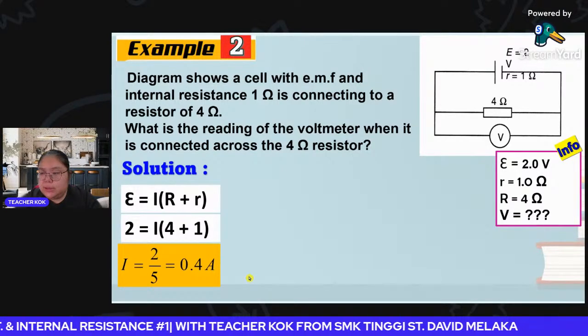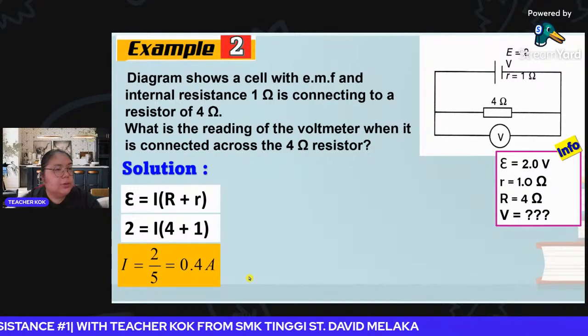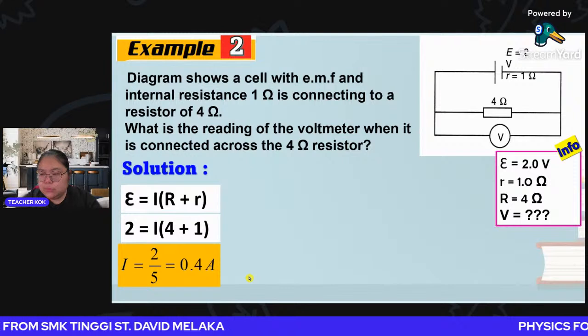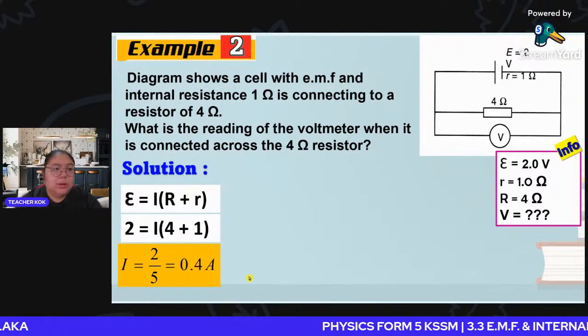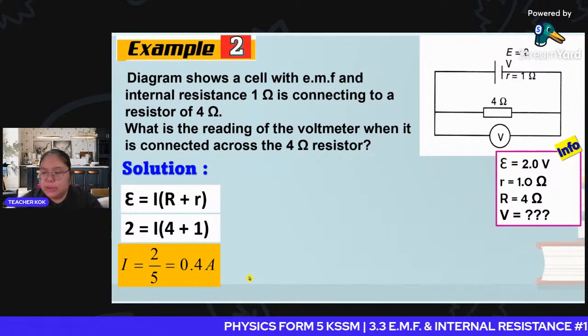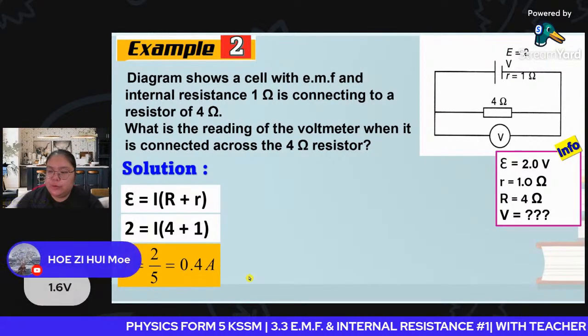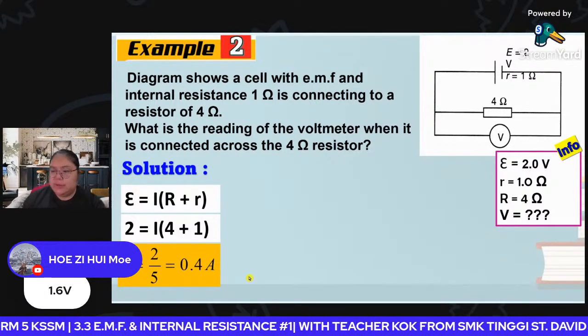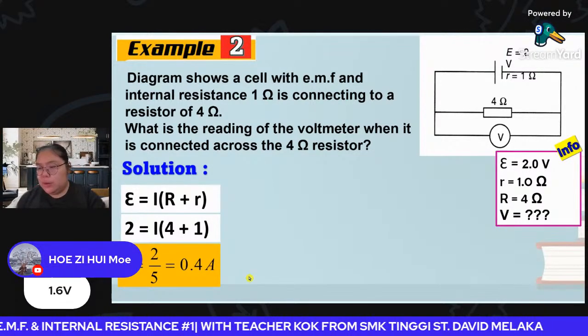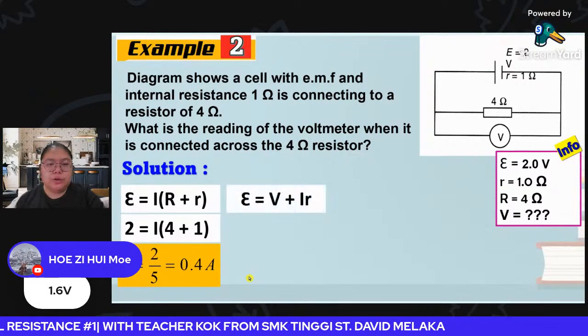Can Ling Han answer or not? Or Yiru? Okay, Ho Zhihui has answered already. It's 1.6 volt. Tan Wei also, Alicia also, 1.6 volt. So we go to show it.